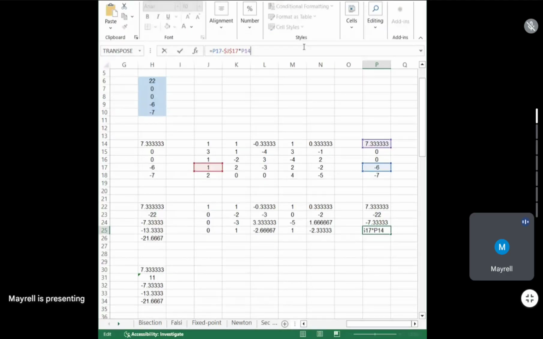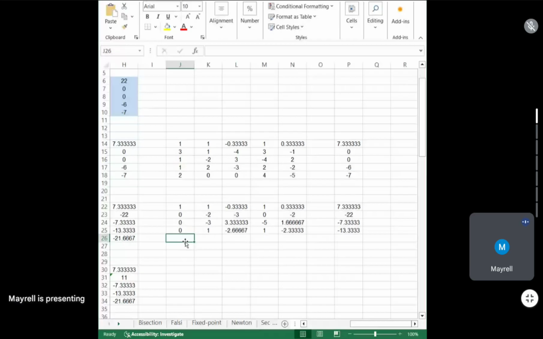Then row 5. So for row 5, first element minus, or M for row 5 is this element in A51. So that is in J18 times row 1.